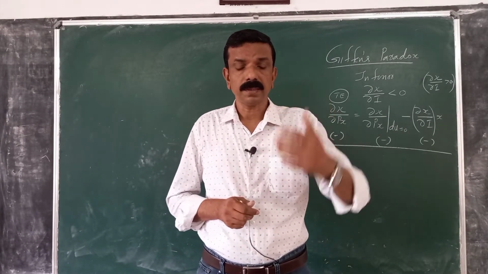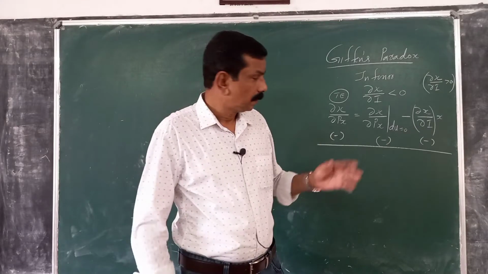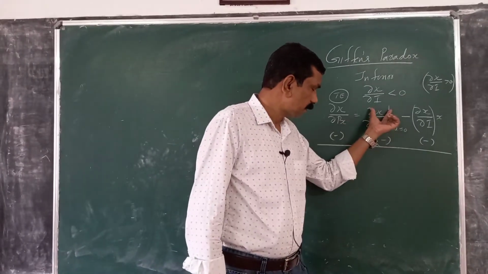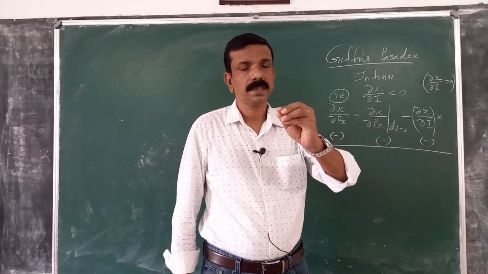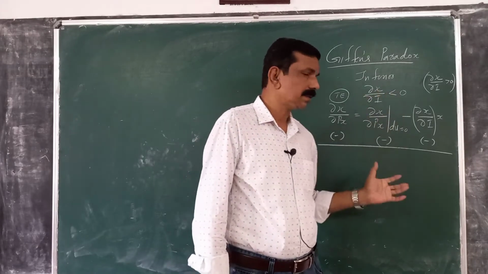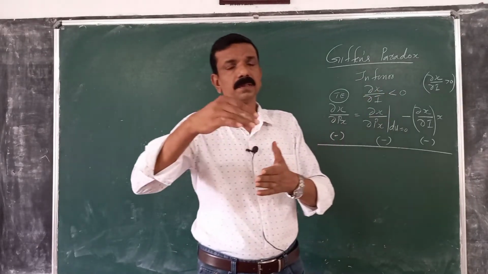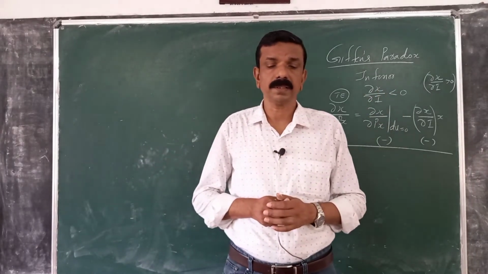So, it is possible that, and remember this, the substitution effect is always negative. That is known as Slutsky's theorem. The substitution effect of a price change is always negative.